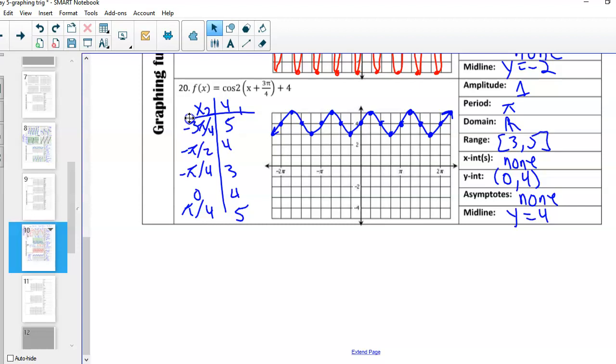Questions on this one? Yes. How could we subtract fractions and whatnot? So with that, think about them as on your unit circle. Or think about them as 3 pi over 4 is really 0.75.